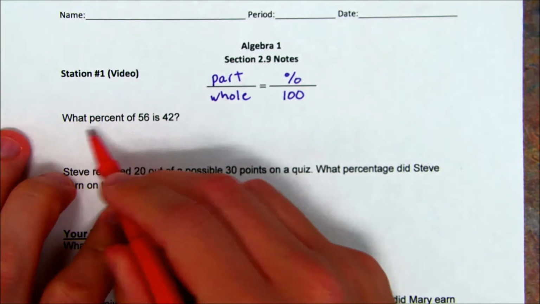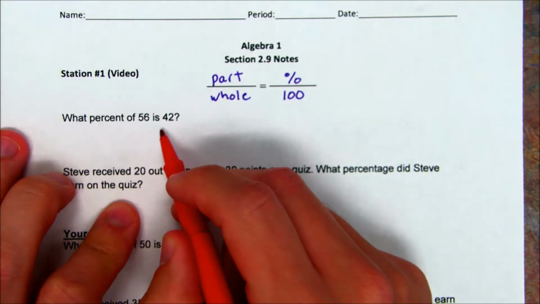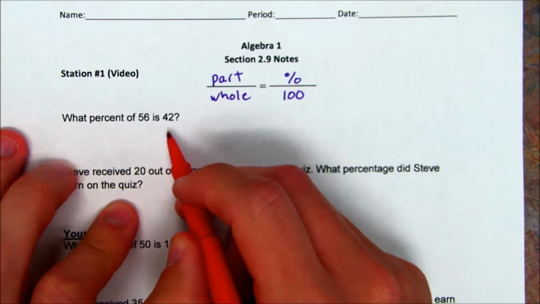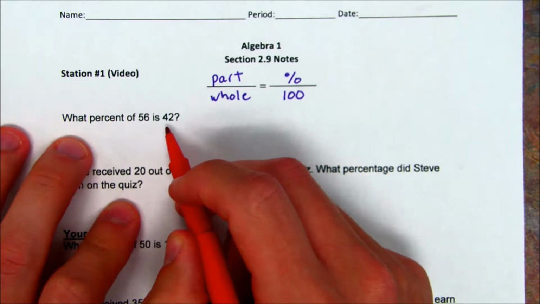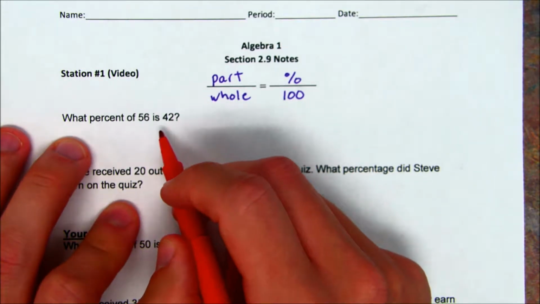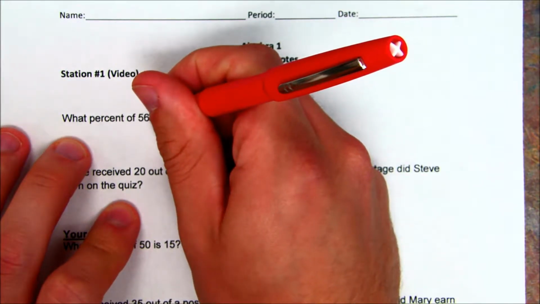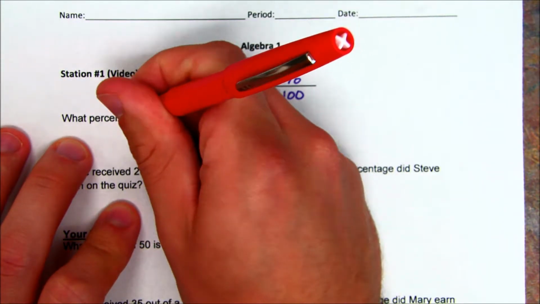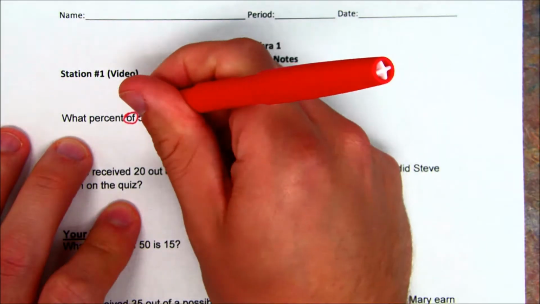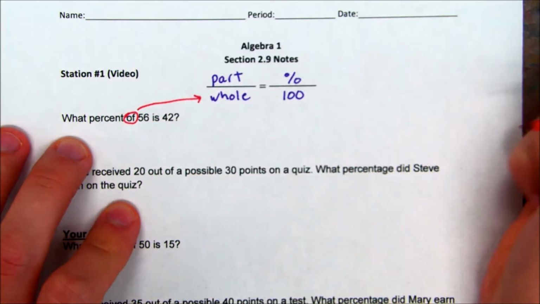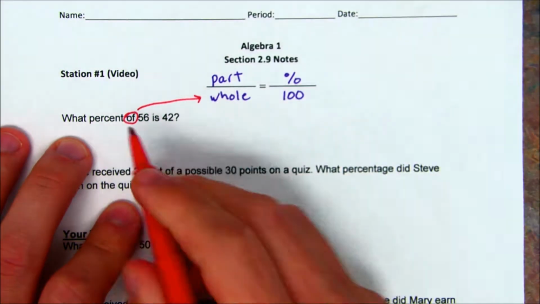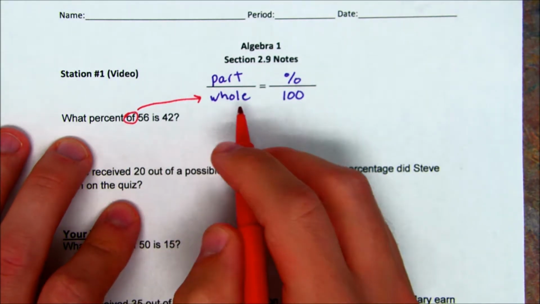Well, let's see. What percentage of 56 is 42? There are some key words here that indicate what's the part, what's the whole, what is the percentage. First of all, this word, of. The word of references the whole. So whenever I see of something, that is typically our whole.